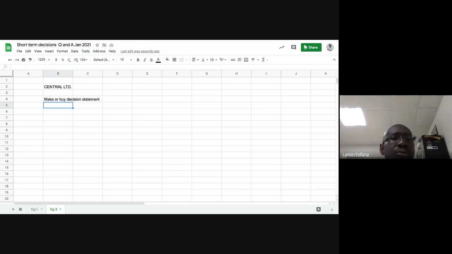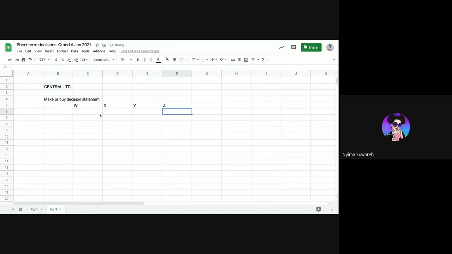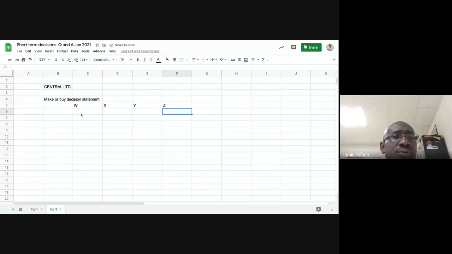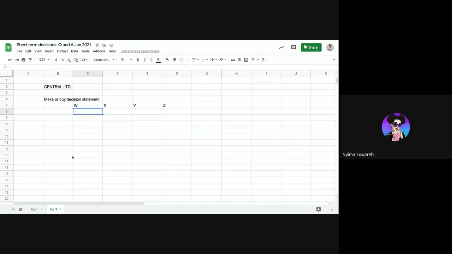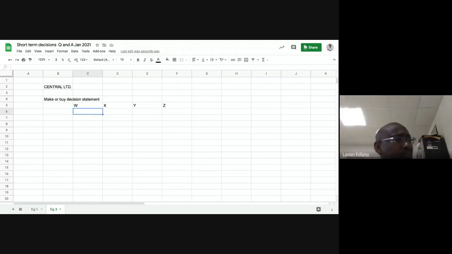Okay, so let's have headings for our products. We're going to use the whole of column B for our details, and then from column C onwards we will do our products. We start with W, X, Y, and Z. We can do our monetary items afterwards.